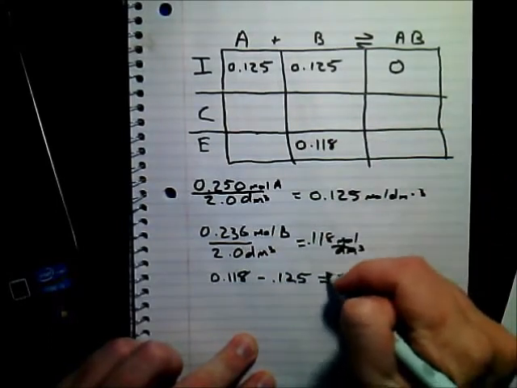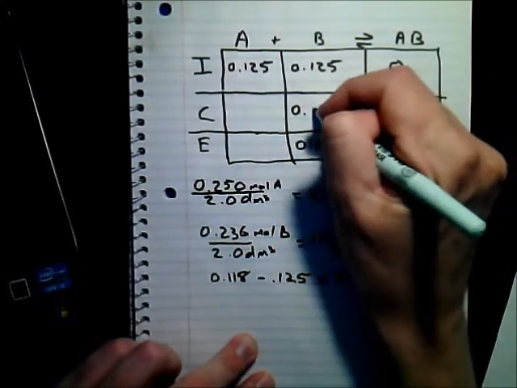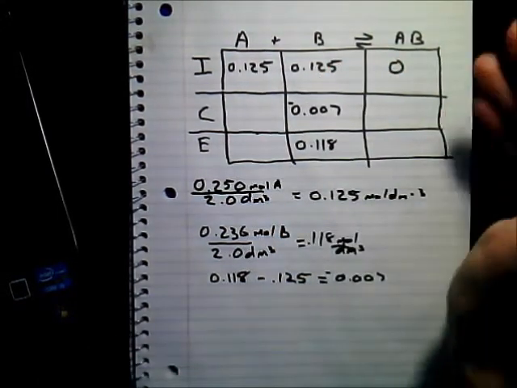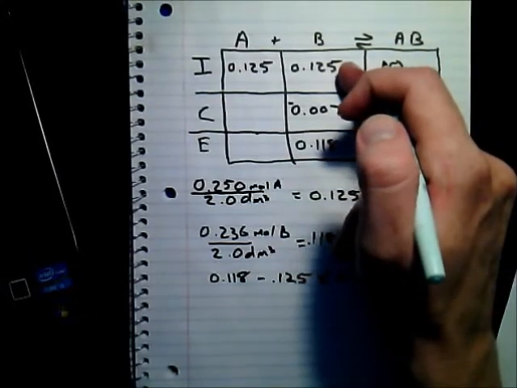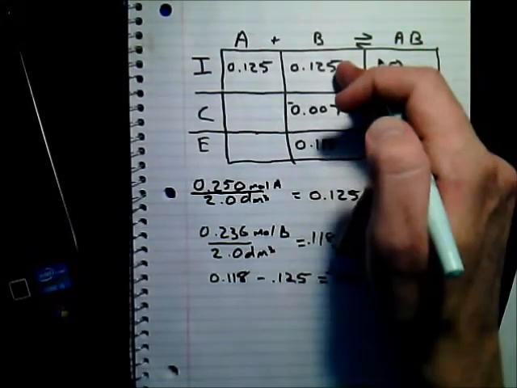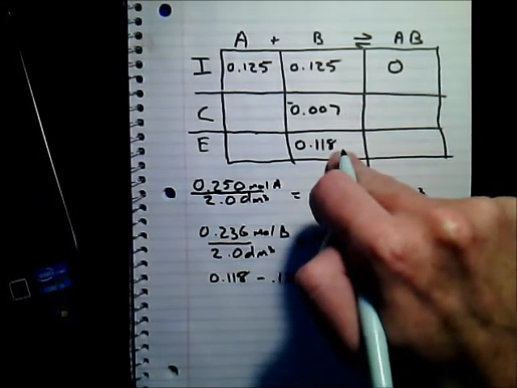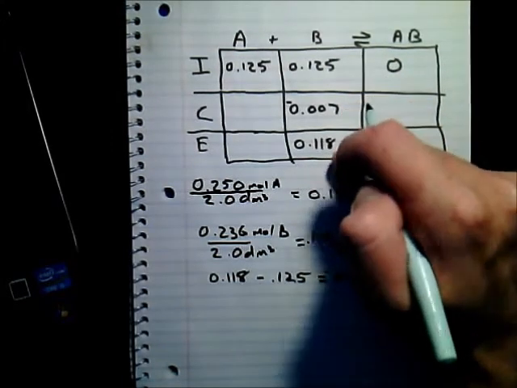So negative, in fact. So my change here in B is negative 0.007. Now, just stop and think and make sure that this makes sense. I started off with 0.125 moles, or concentration. It went down by this much, and we're left with 0.118. So that's my change. 0.125 minus 0.007 equals this.